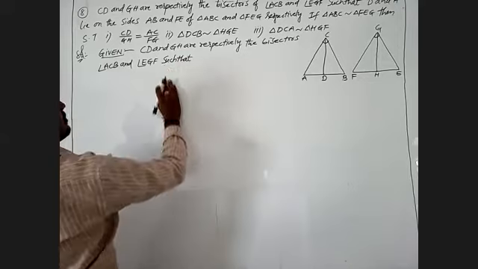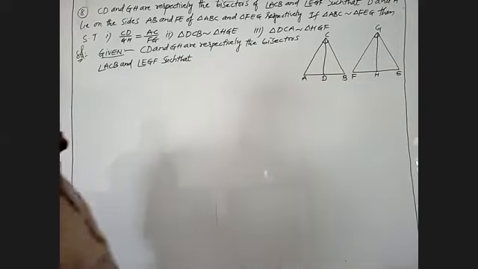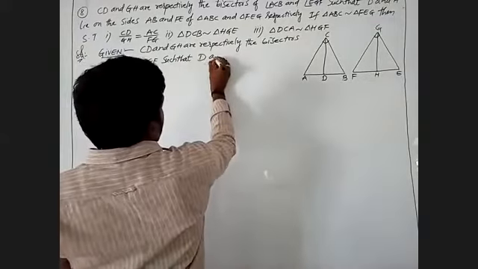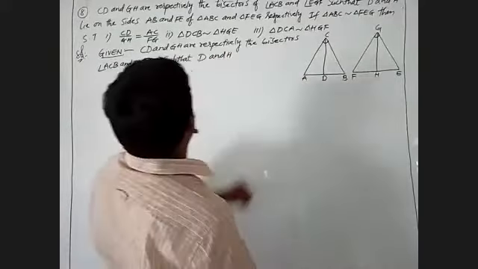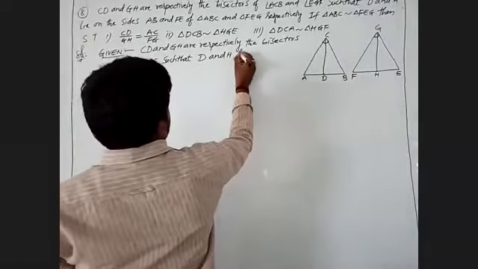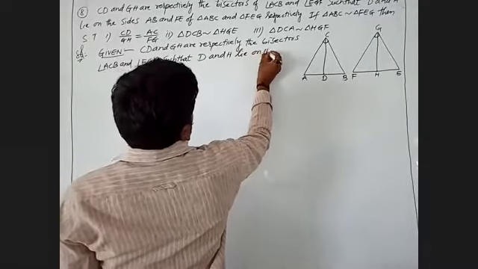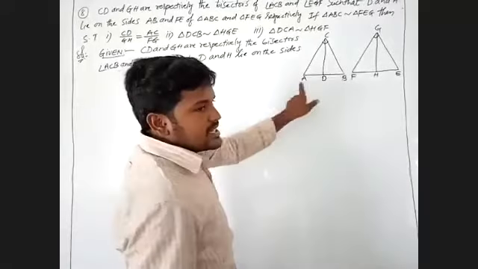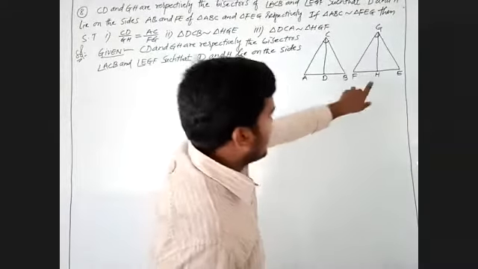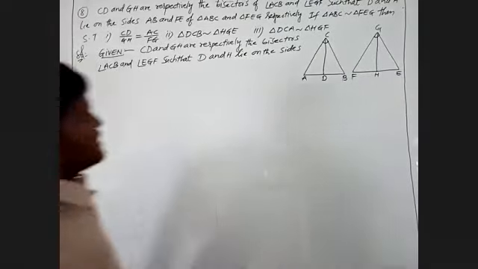Such that one more is given: D and H lie on the sides. D lies on the side AB. After that, H lies on the side FE.